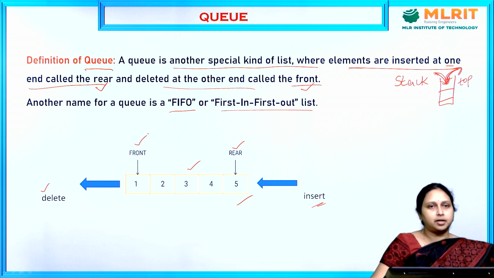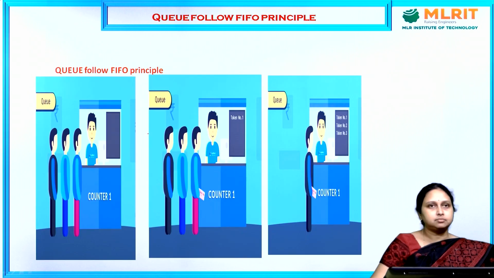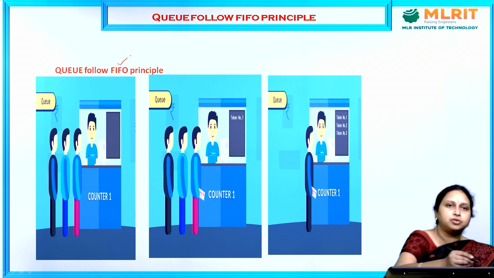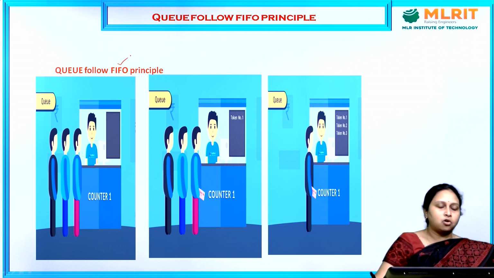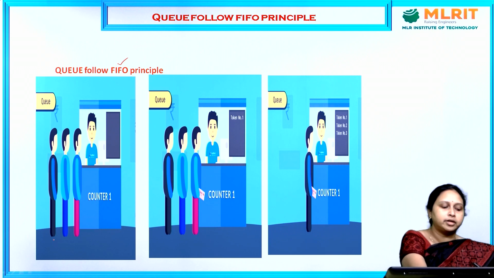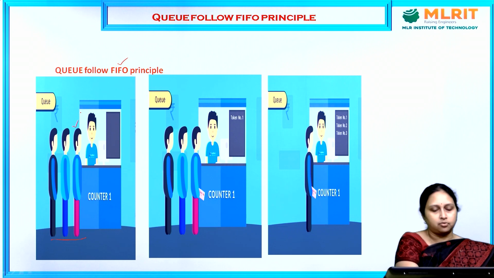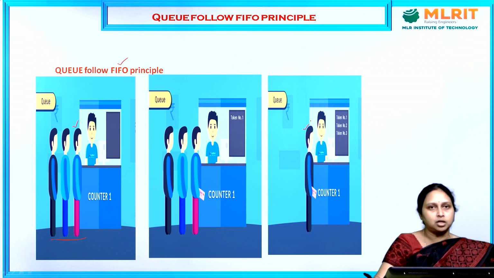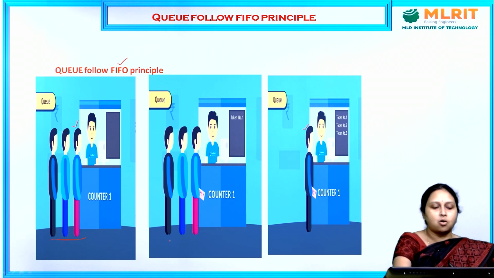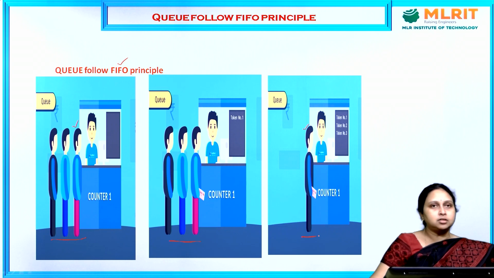Like this the Q operations happen. And this is one real-time example where we follow Q, which follows the principle of FIFO. Suppose you have gone to any counter to buy some tickets, in that case you stand in a line, and the first person in the counter will be served first. Right? If the service is done for the first person, then the second person will be given a chance for service. Right? This is the order we follow in queues.